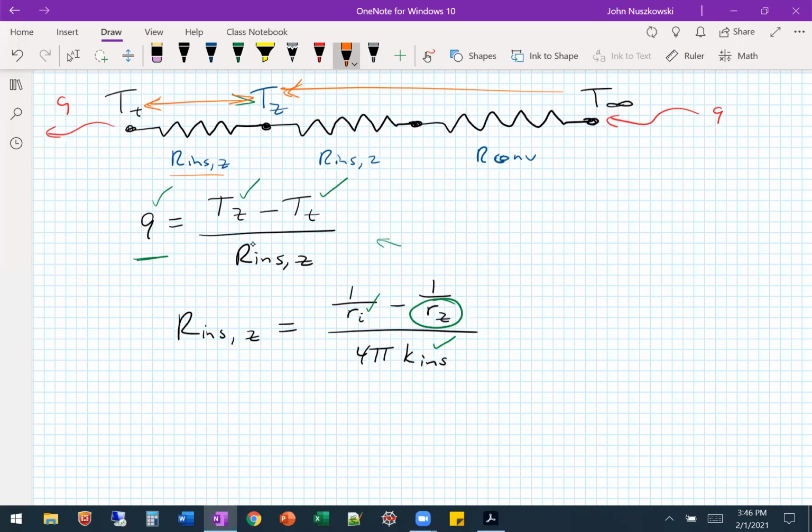If we did it from here to here, we would need this one, the 2, and this one, so we'd have those two resistors in the denominator. We could do it, it just makes the equation more complex to solve, because the R is buried in there even more.